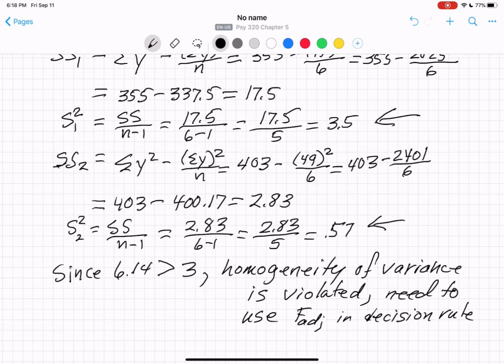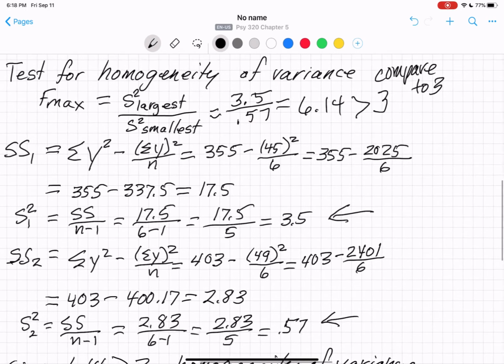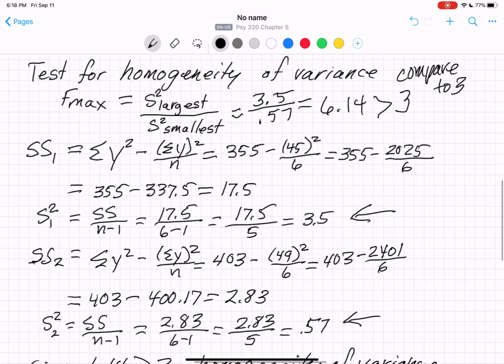Just a reminder, when your F max is large, like this 6.14 here, that means that the largest variance is more than 6 times as big as the smallest variance. So that definitely looks like they are not equal, and that's why the assumption is violated, okay? So we need to use the correction.